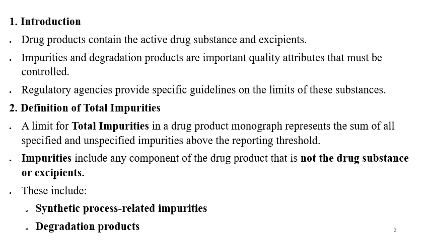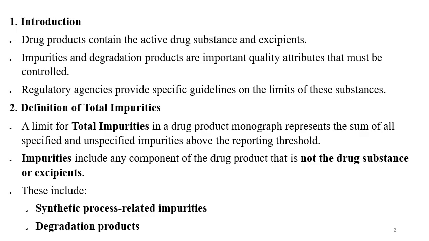So total impurities is a limit in a drug product monograph which represents the sum of all specified and unspecified impurities above the reporting threshold. So that means it is a total of specified and unspecified impurities which are above the reporting threshold.